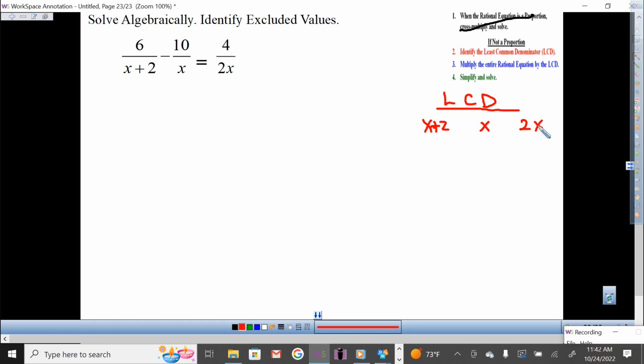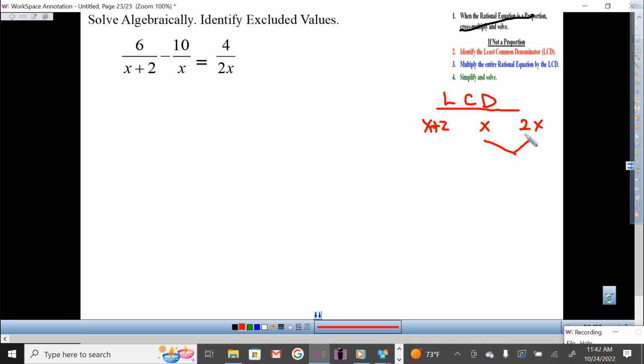So, let's start with the smallest ones. To make these two look the same, or to have a common denominator for these two, tell your neighbor what we need to do. What do we need to do for these two to look the same? Close. Let's see. I'm going to call Lorena.